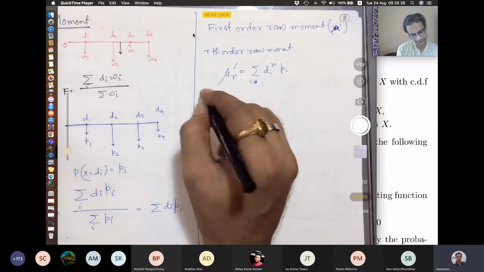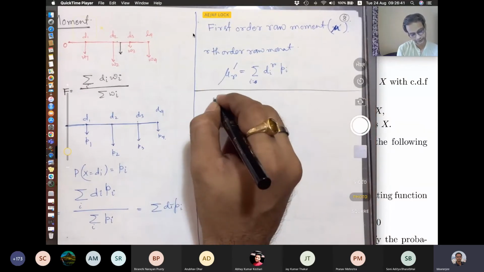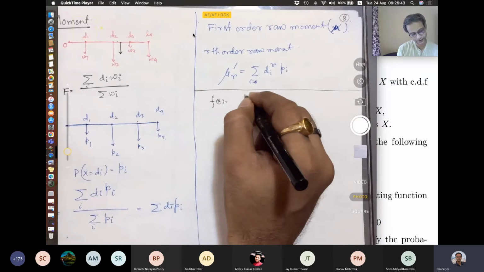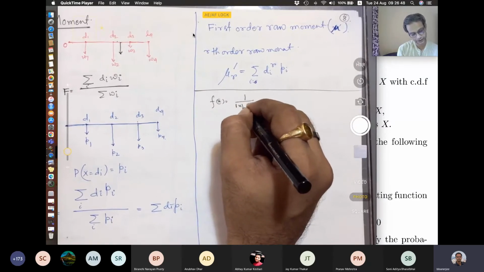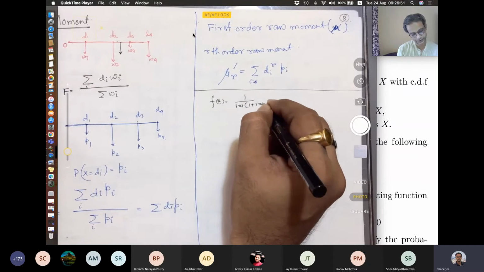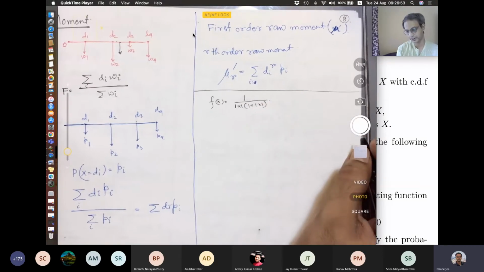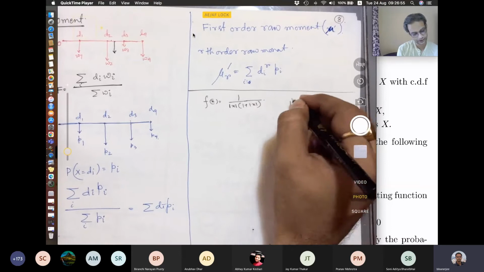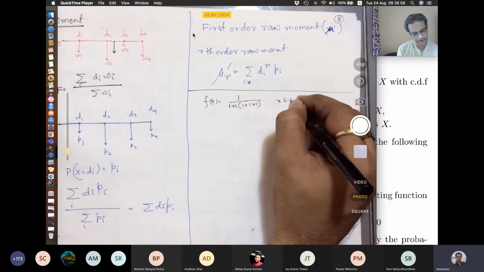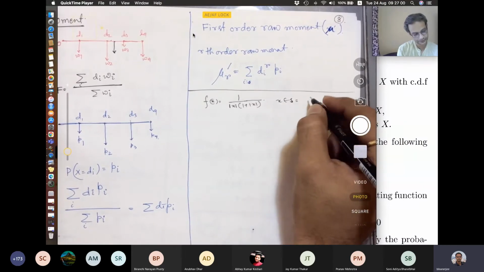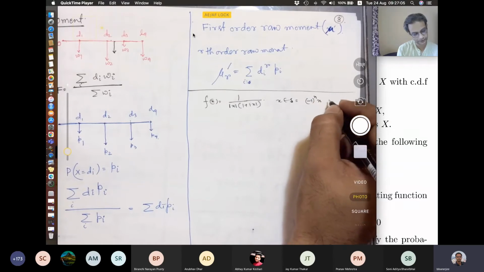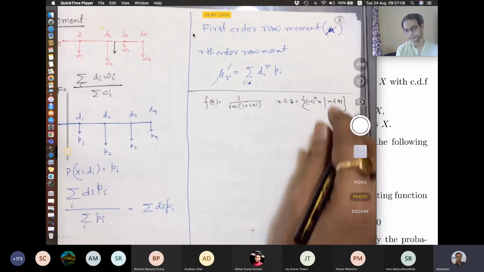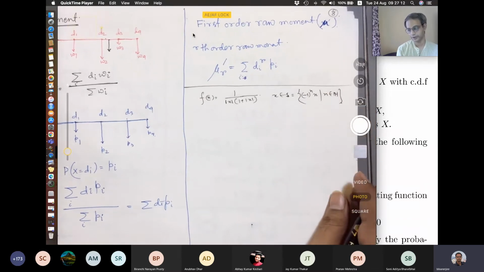So, example. f(x) is 1 upon |x|(1 + |x|), and x belongs to S, where S is (-1)^n times n, where n belongs to the natural numbers.